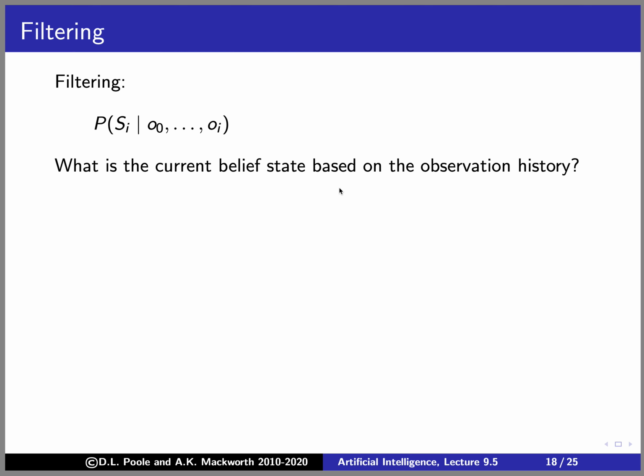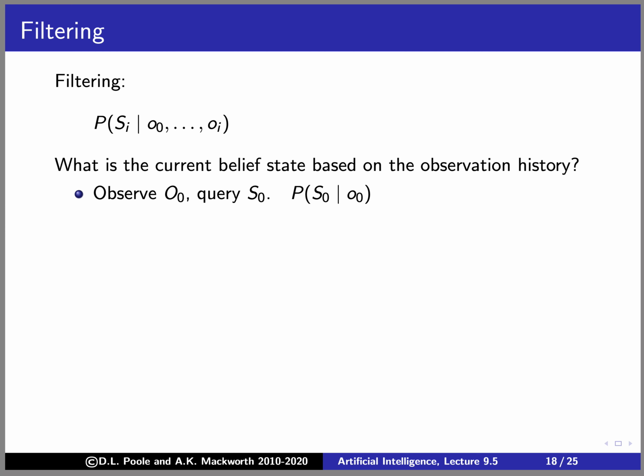The typical problem we're going to look at is called filtering. We're going to try to get the probability of state Si given the history of all observations up to Oi. We observe O0 and query S0, using the probability of S0 given O0, which is basically just Bayes' theorem.